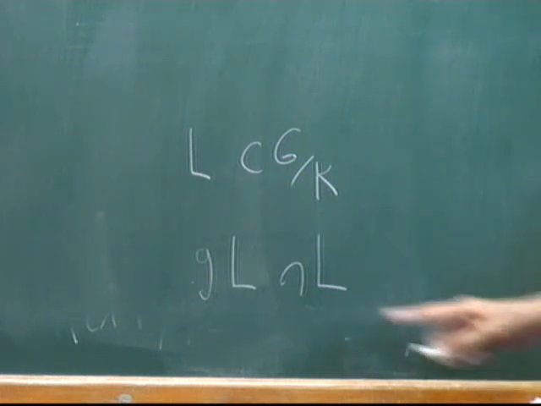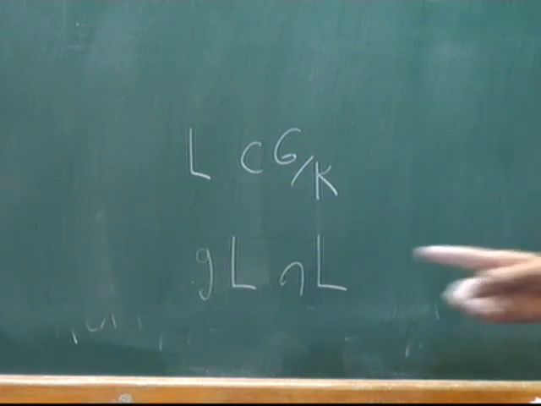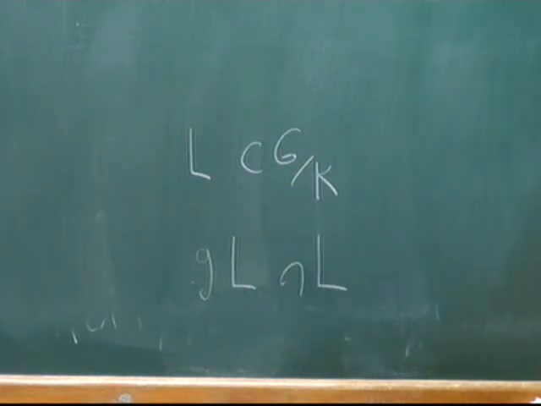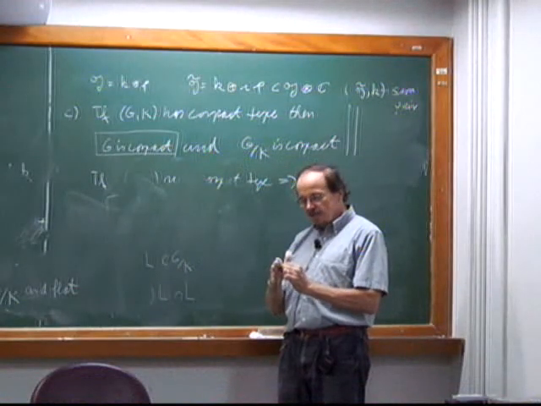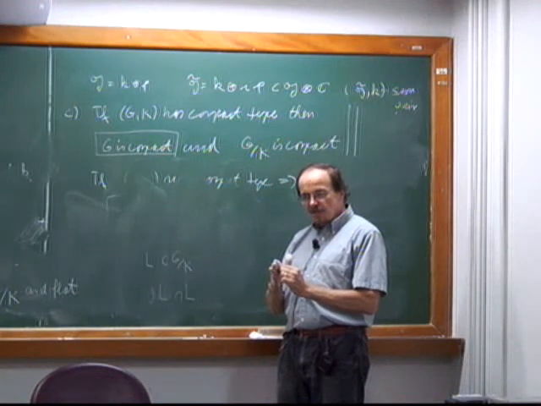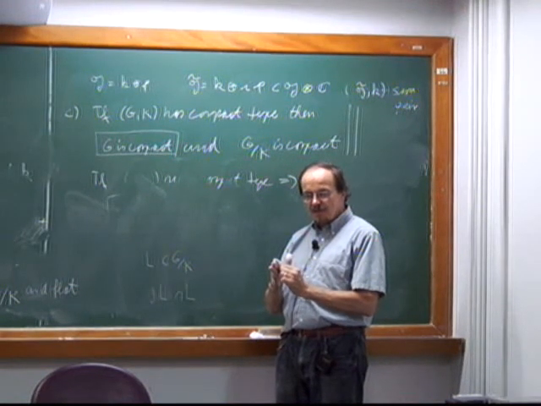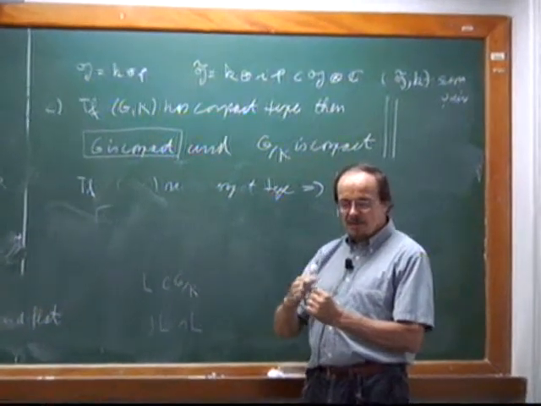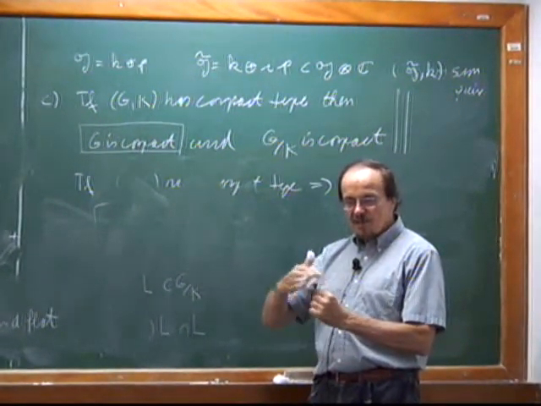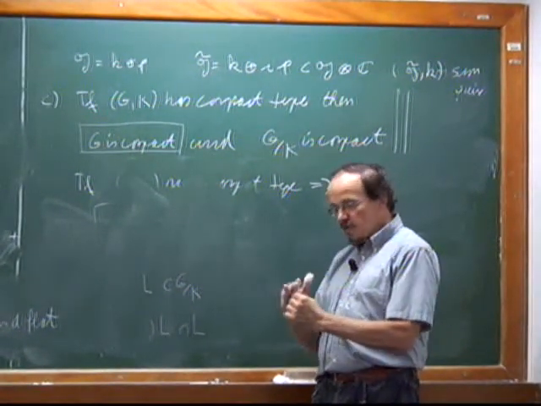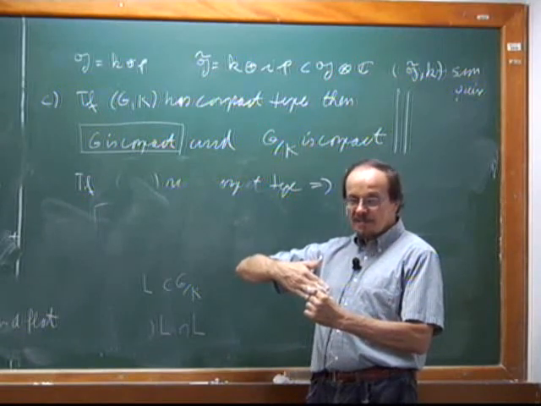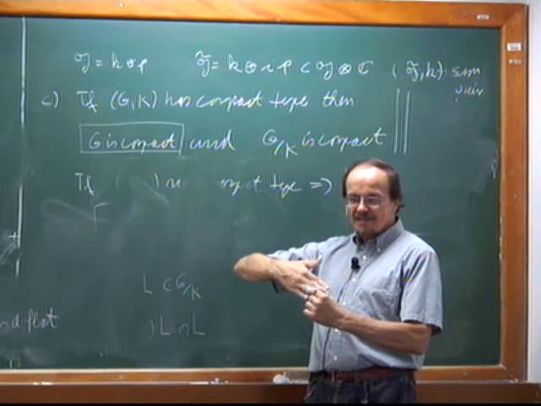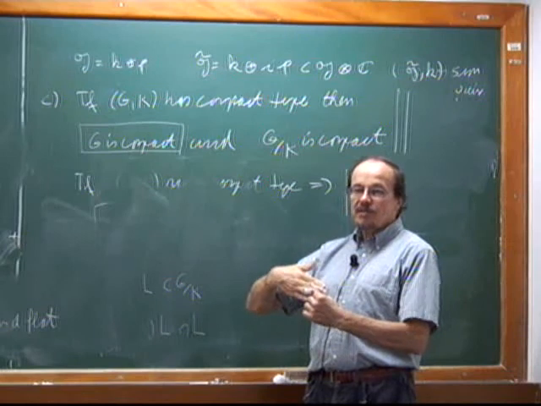Well, even if g lies in K, that's even worse. That makes it obvious. If g lies in K, it fixes the base point. It takes L into another manifold containing the same point, but it's going to rotate somehow, because K acts on the tangent space by its isotropy representation and rotates the tangent space into something else. That's again not going to be flat. So this would never give you a foliation.